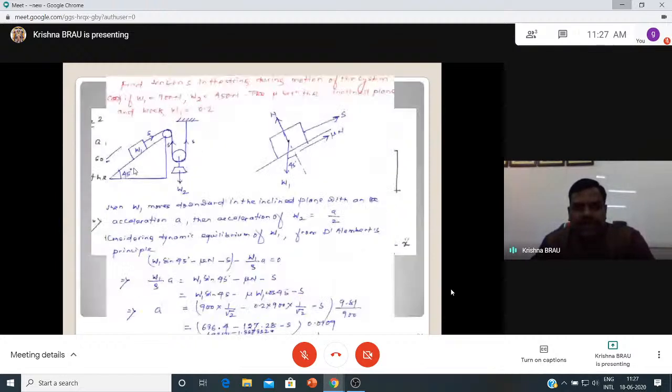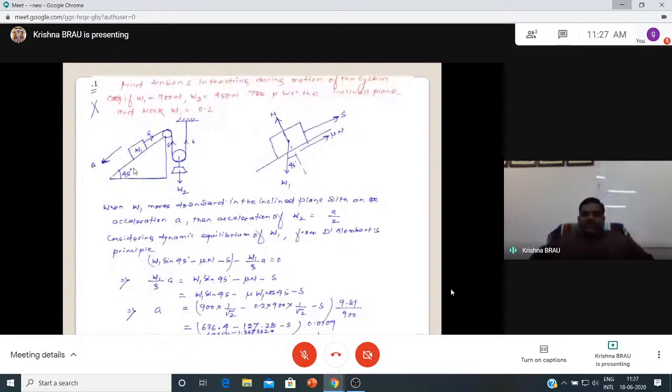Now let us consider this problem. Note it down. Find the tension S in the string during motion of the system, if W1 is equal to 900 newtons and W2 is equal to 450 newtons.